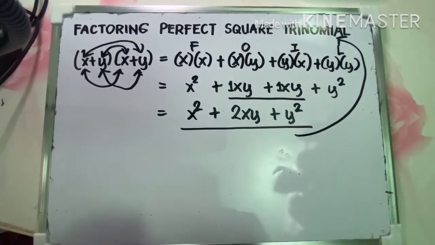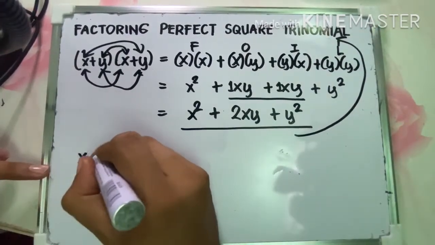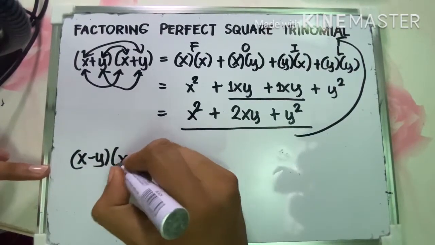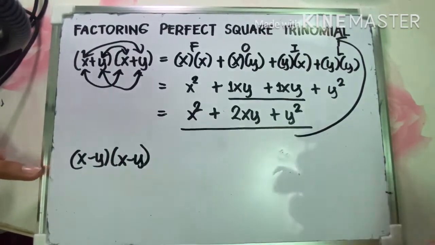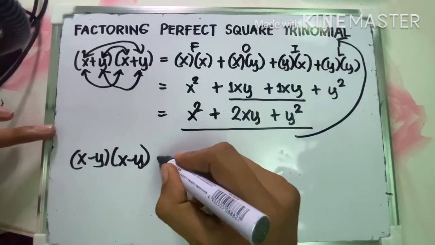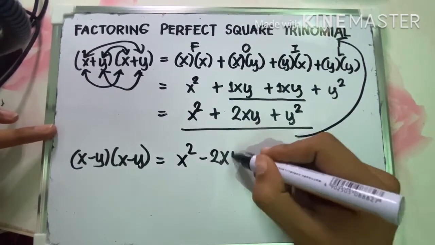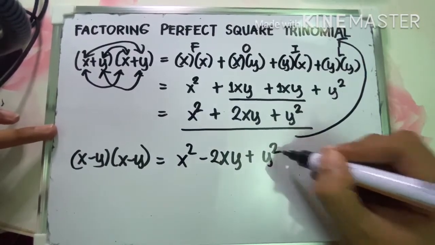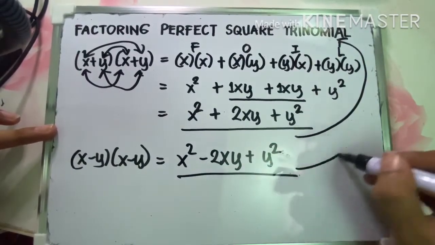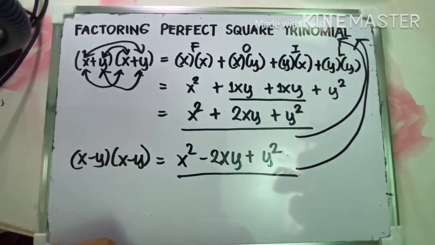If we have x minus y times the quantity of x minus y, the result is x squared minus 2xy plus y squared. And this one also is a perfect square trinomial.